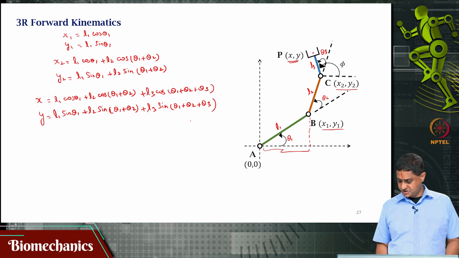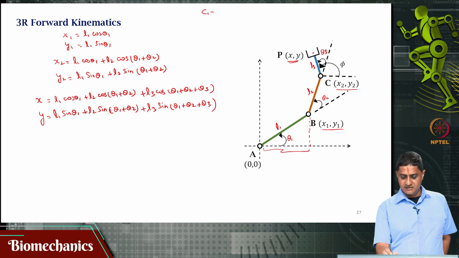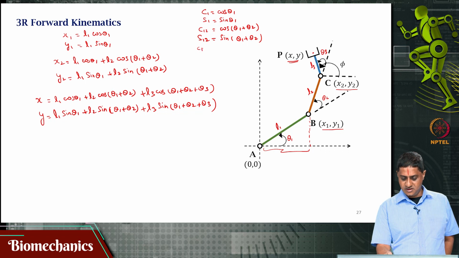Of course, we kept a notation that C1 is cos theta 1, S1 is sin theta 1, C12 is cos of theta 1 plus theta 2, S12 is sin of theta 1 plus theta 2, C123 is cos of theta 1 plus theta 2 plus theta 3, S123 is sin of theta 1 plus theta 2 plus theta 3.